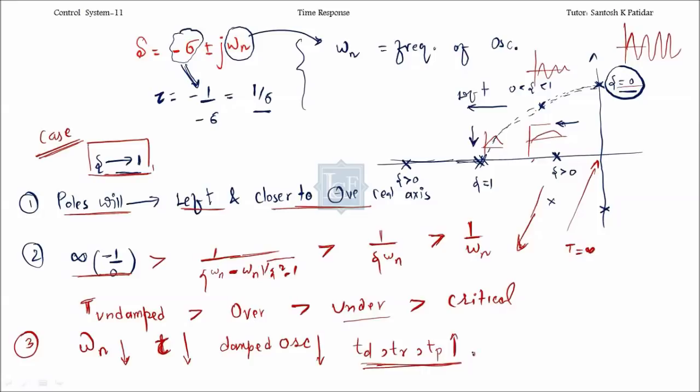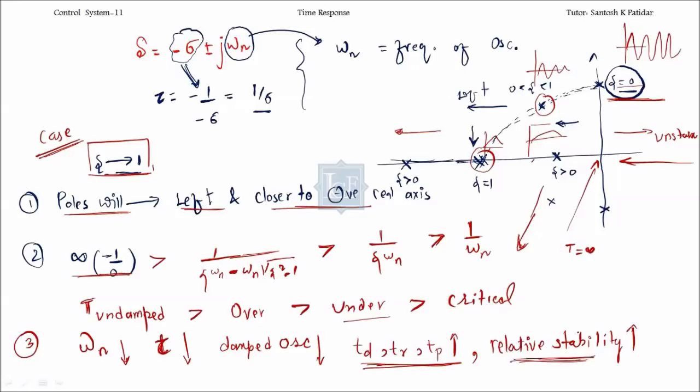What is going on with relative stability? Definitely it's going to increase. Why? Because here your system is marginally stable, and over here it's unstable. So if you are moving to the left, your stability is going to increase. This system is more stable than this system. So if your poles are moving towards the left, your relative stability definitely increases.